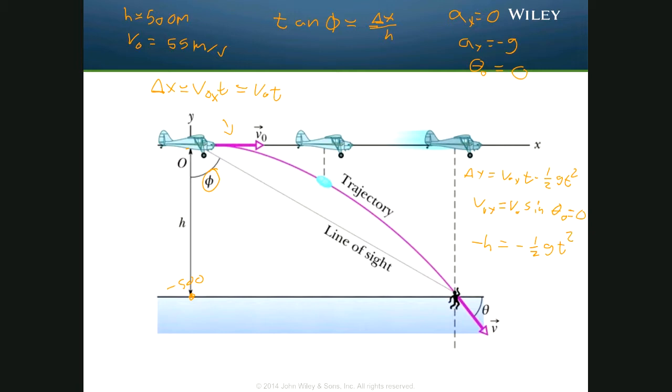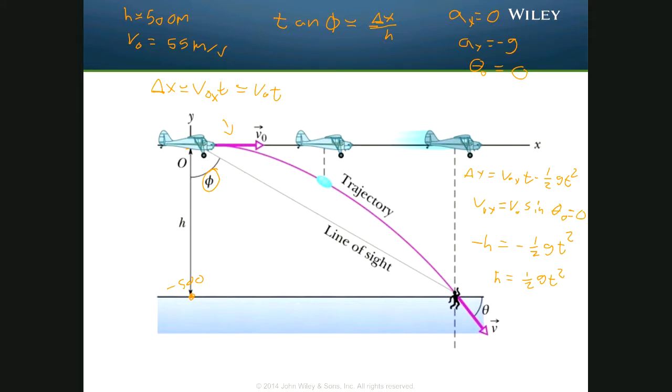The minuses go away, and you get that h equals 1/2 g t squared. Now this is kind of exciting because now we don't have another unknown.